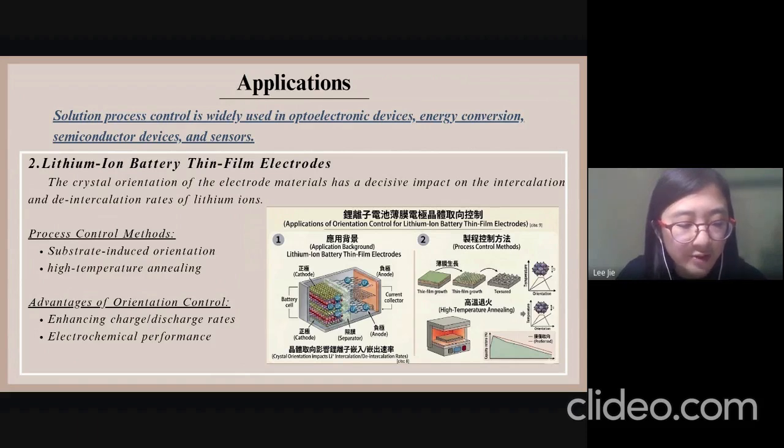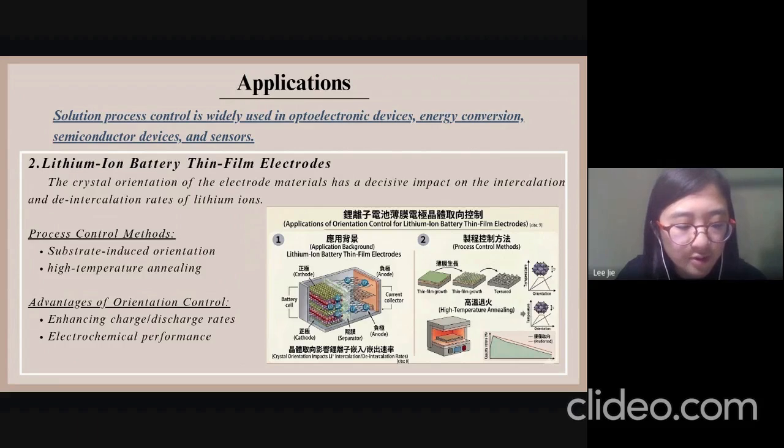Advantage of orientation control. Lithium ion diffusion in lithium cobalt oxide is highly anisotropic. If the crystalline grain exhibits a 003 orientation, the lithium ion channels run parallel to the substrate, which hinders the vertical entrance and exit of ions.